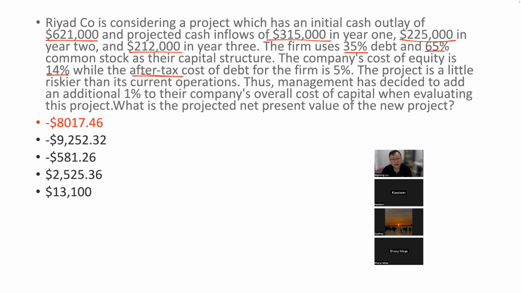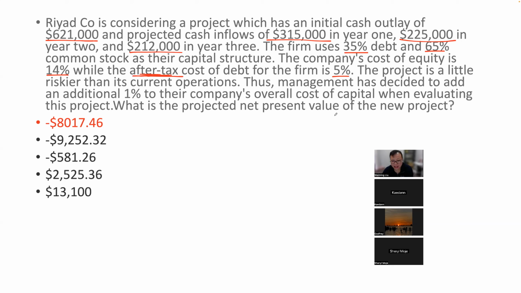After tax, and this is really important, the cost of debt for the firm is 5%. So again, you can see 14% is more than 5%. The project is a little riskier than its current operations. Thus, management has decided to add an additional 1% to the company's overall cost of capital when evaluating this project.